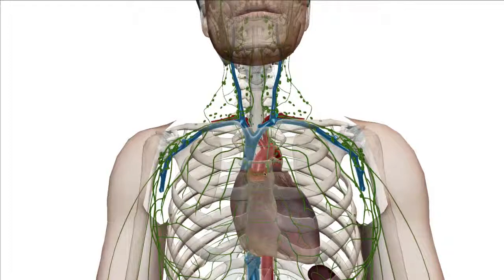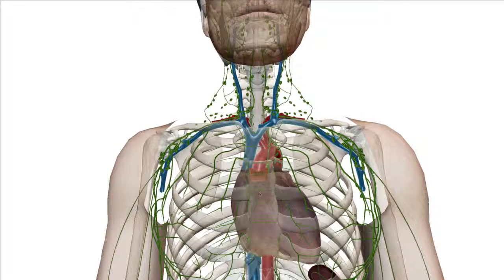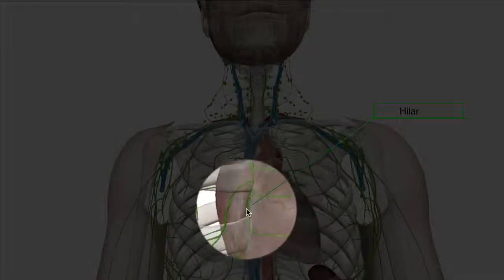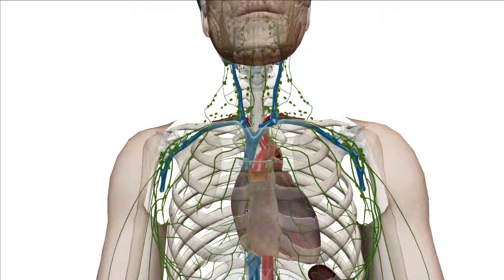Now, the next lymph node cluster is the hilar lymph nodes, right? This is where the hilum sits around this area here. With the hilar lymph nodes, we're talking about the lungs being drained. The lungs drain into the hilar lymph nodes, and thus patients that present with granulomatous diseases can also have associated pathology with these lymph nodes.